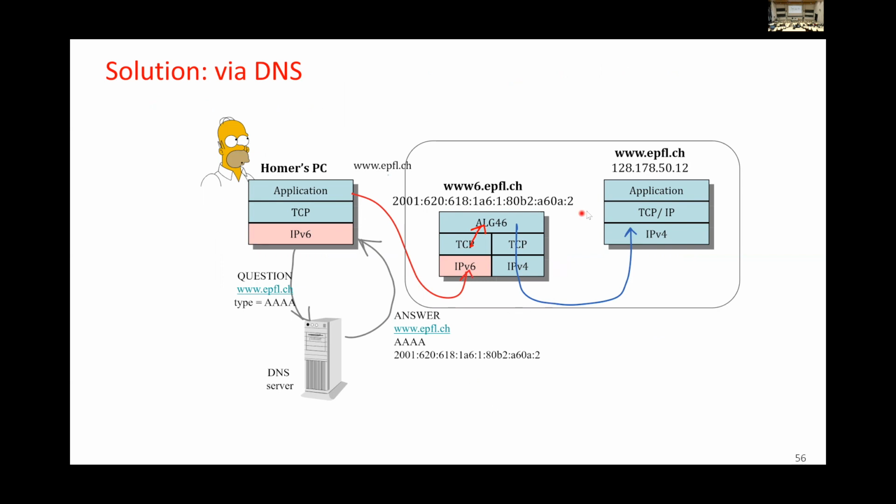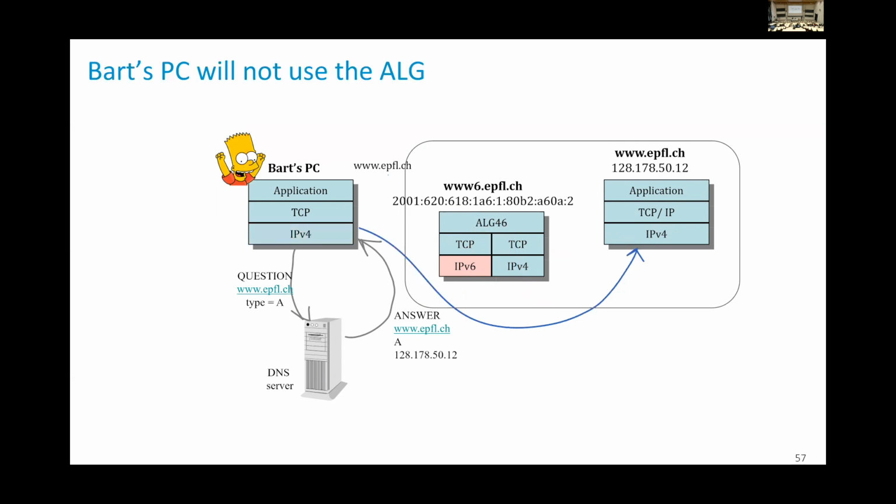For the IPv4 address, you put this one, and for the IPv6, you put that one. So whoever connects to this service and has only IPv6 will get this address and will go to this application layer gateway. Whoever has IPv4 only will get directly the IPv4 address and will go directly to this machine without using the gateway.